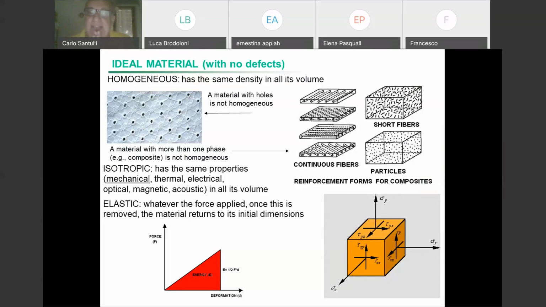Why do we study ideal materials then? Because we are able to make assumptions by taking this ideal and see how far we are from the ideal. There are materials which are more homogeneous, there are materials which are more isotropic, and they are selected for that reason.